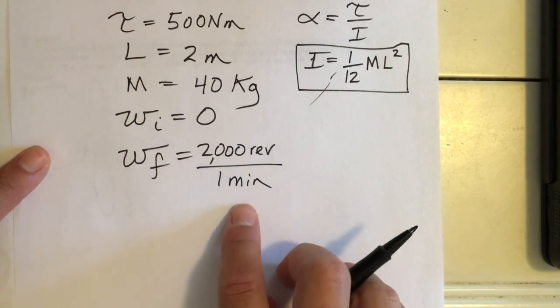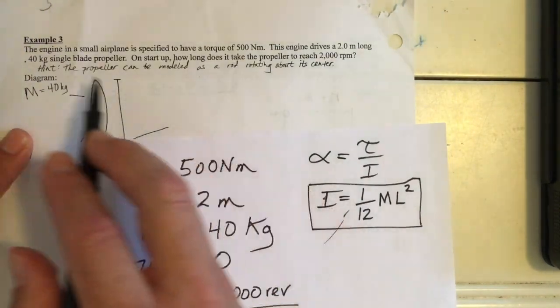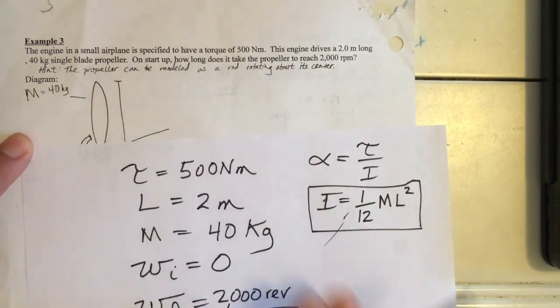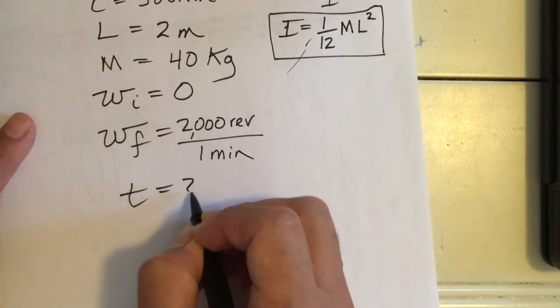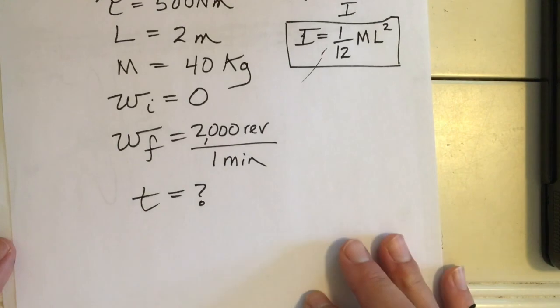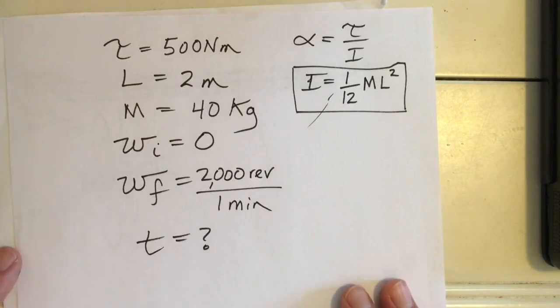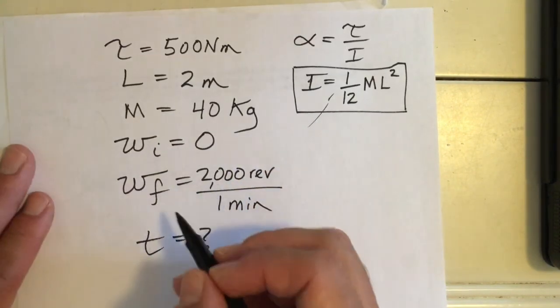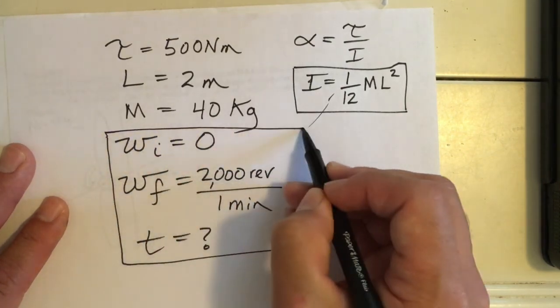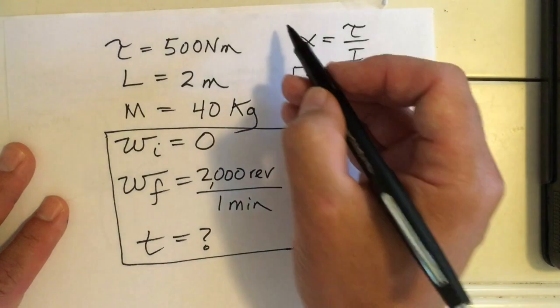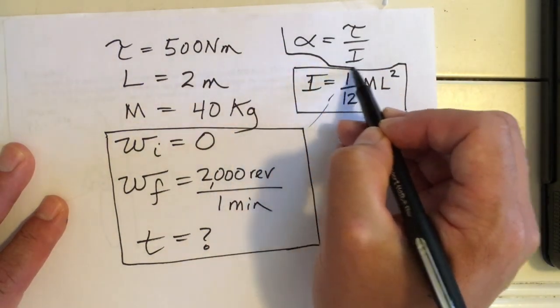Let's get this. So what's the question? The question is, how long does it take? So that's asking for time, right? So we want to know t. So you might say, well, what's the connection here, right? Between say these three variables and these three variables.